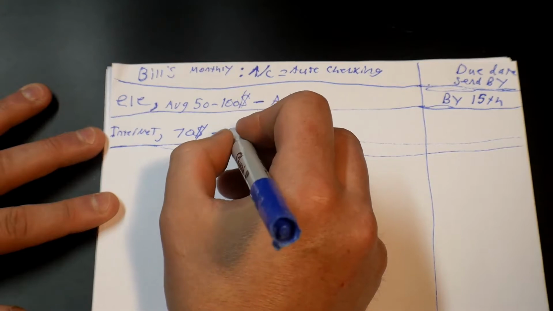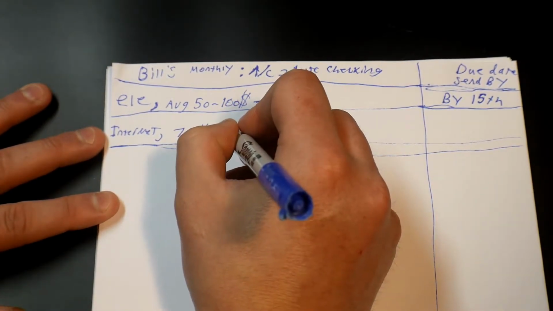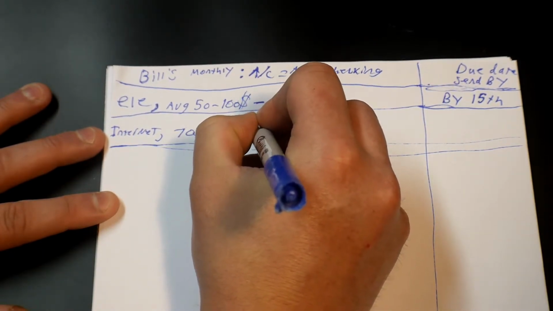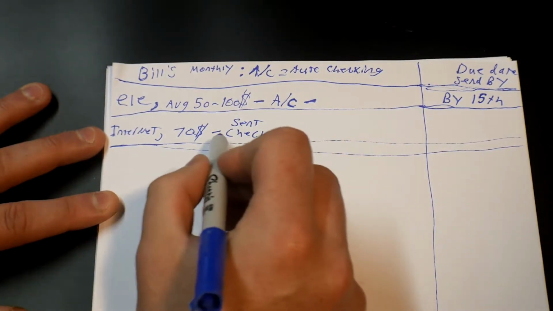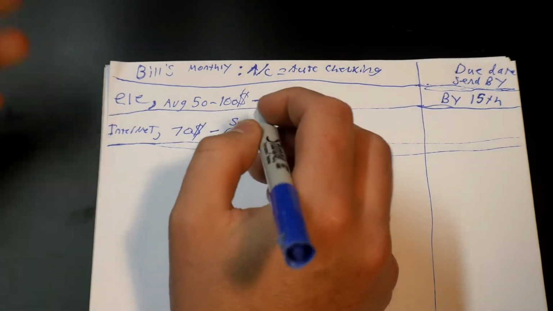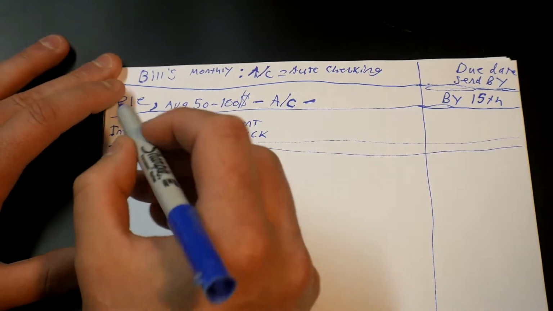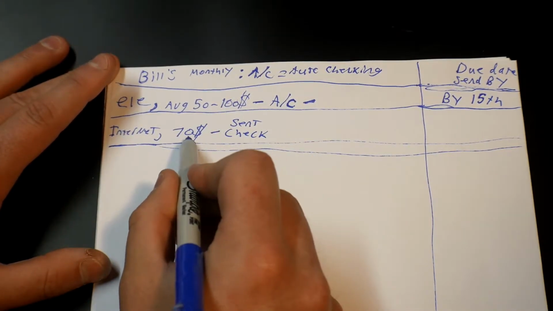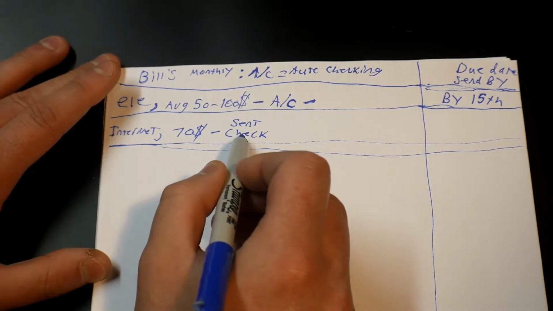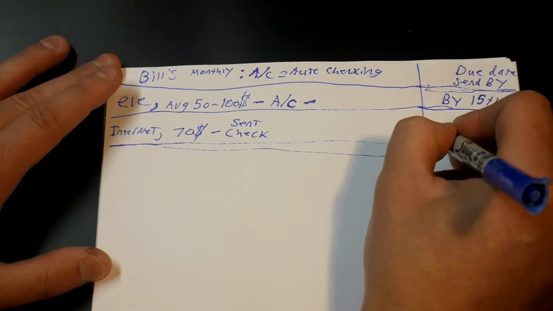Let's say, just for the sake of this video, we are paying by check. So we would put send a check, or paying with check. Whatever you want to write is up to you. So internet, the name, the price of the bill, how we're paying, our payment method, and when we need to pay it by. Let's say it's due by the 18th.